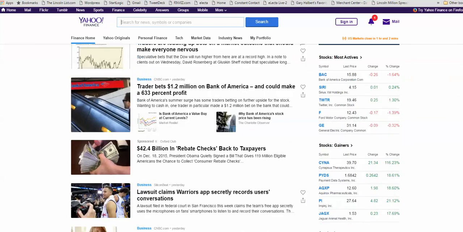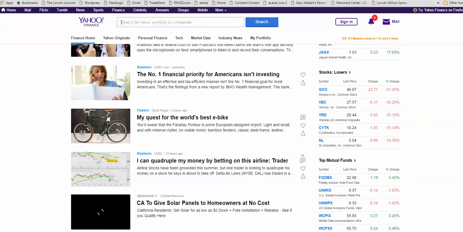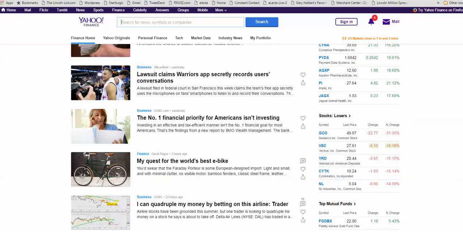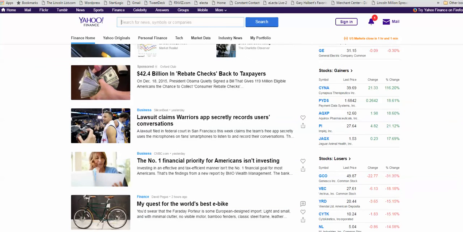But if you just look over here in the right sidebar, there's your top percentage gainers and losers. And again, you'll see AQXP right there. So you can find really good stocks that will give you great earning potential without having to break the bank or spend the money for a scanner.